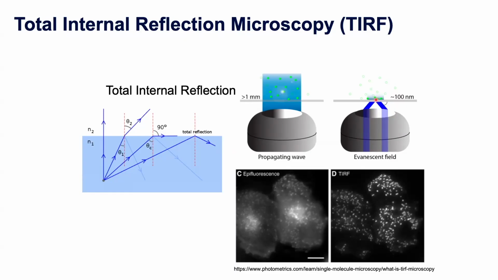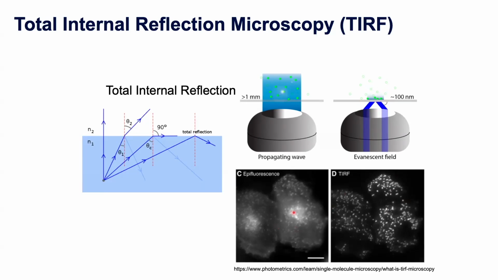which in some ways limits the application of TIRF microscopy. But it can be very good for high contrast live cell imaging and some super resolution techniques where we don't want to illuminate and potentially cause photobleaching or phototoxicity on our samples. We just want to illuminate this very thin optical section at the cover slip interface.